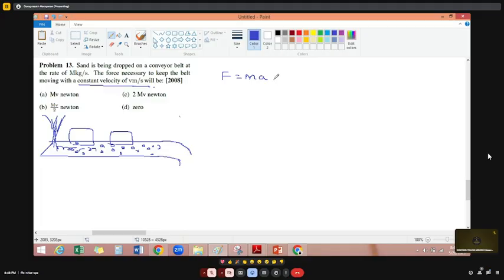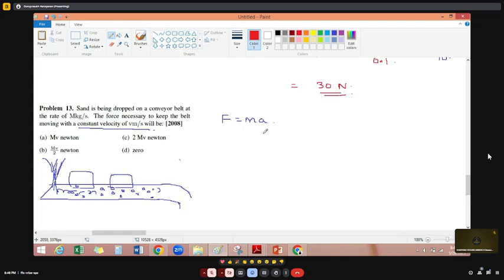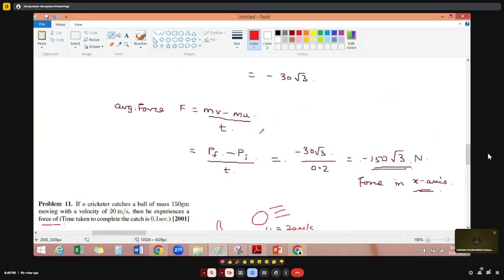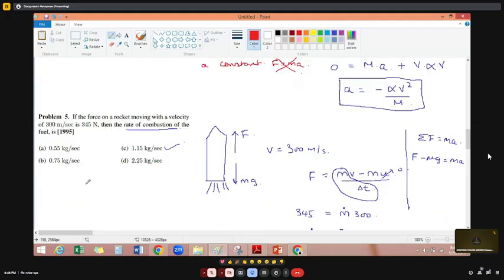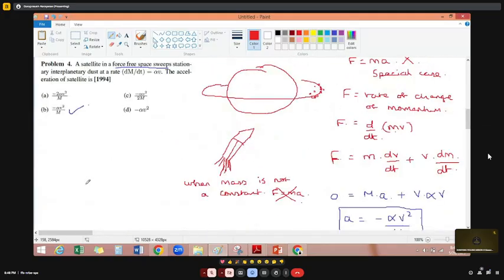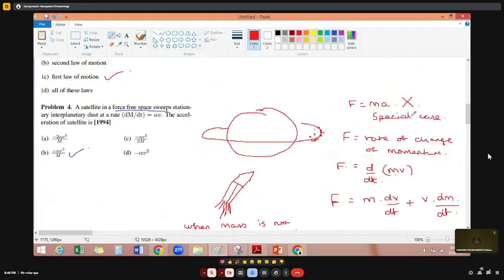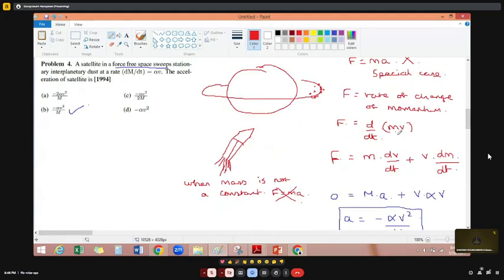Can you use this formula or not? Already forgotten? What did I say? No, sir. So when the mass is changing, I told you, you cannot use F is equal to ma. You have to use this basic formula.